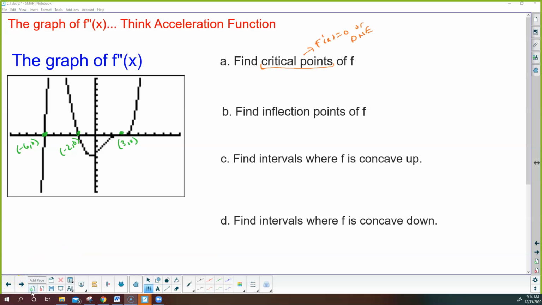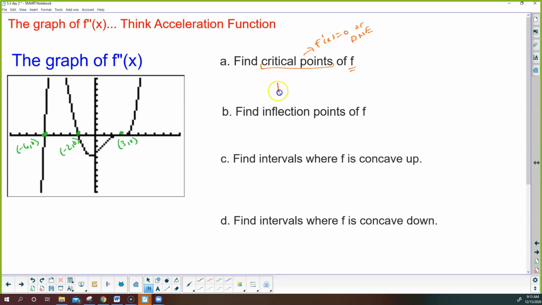Okay, so here's the key. When you have the second derivative graph, it's really hard to go backwards to figure out information about the very original graph. So for me to figure out information about f in terms of critical points, I really don't know when the original derivative would have been 0 or potentially does not exist.